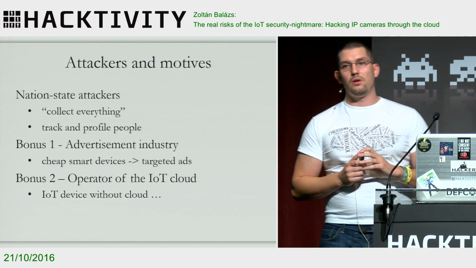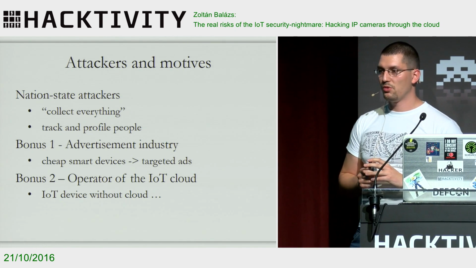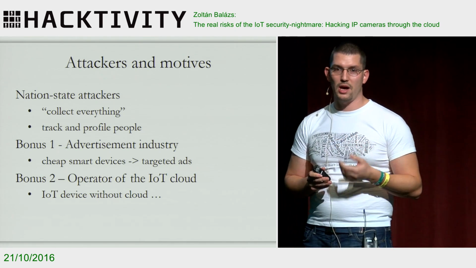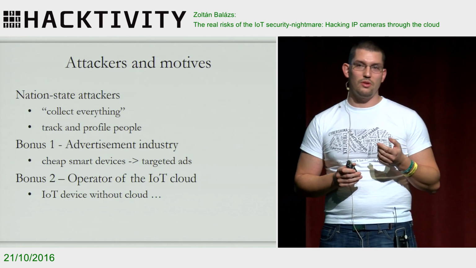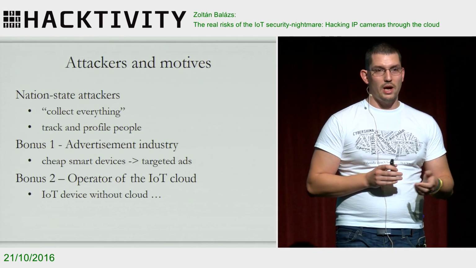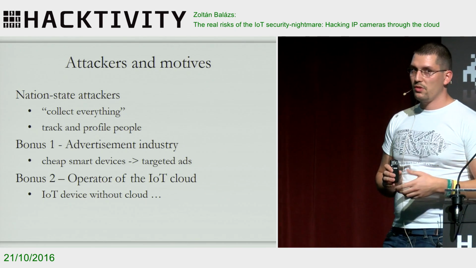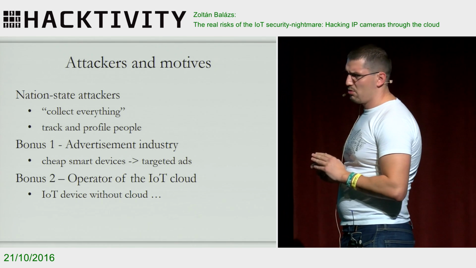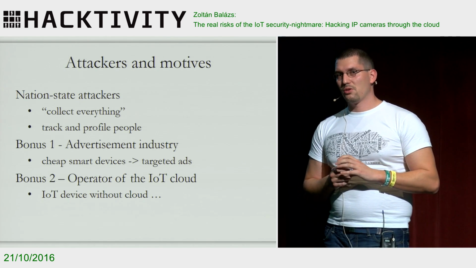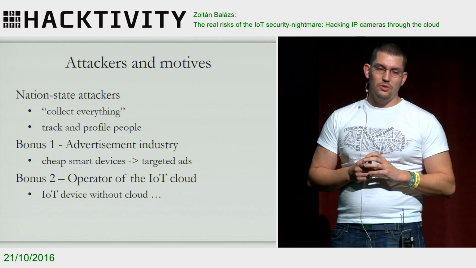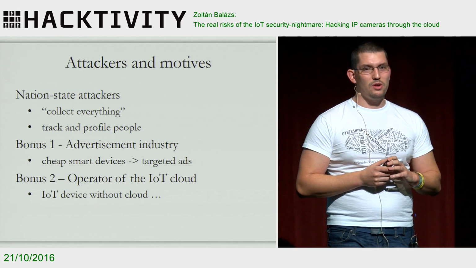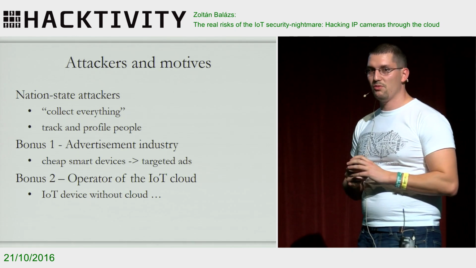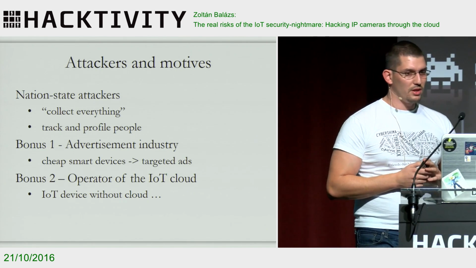Also, what people tend to forget, that most of these smart devices are so dependent on the cloud that whenever the cloud server is turned off, then the IoT device doesn't work at all. For example, there was a very sad case, I think last month or 2 months ago, when there was an internet connecting pet feeding machine, and the servers went down, so the cats and dogs didn't receive their food while people were on holiday.